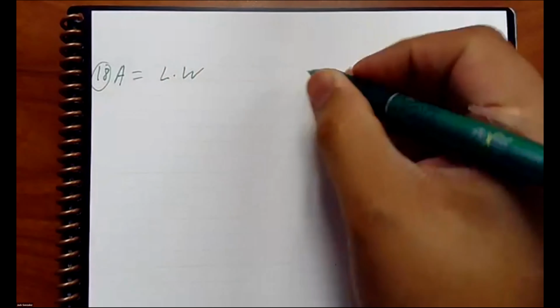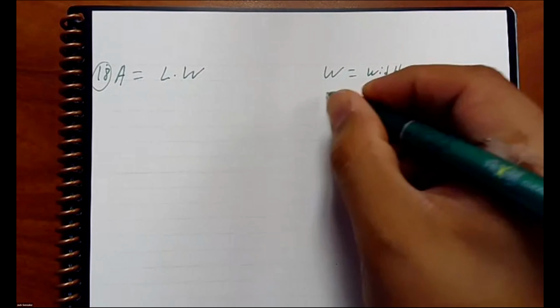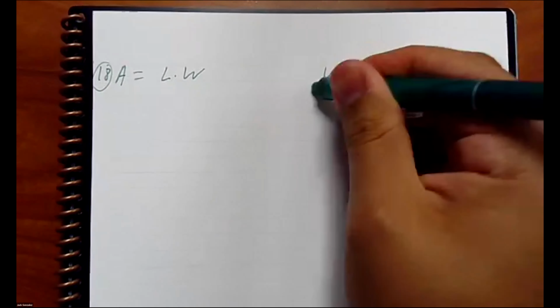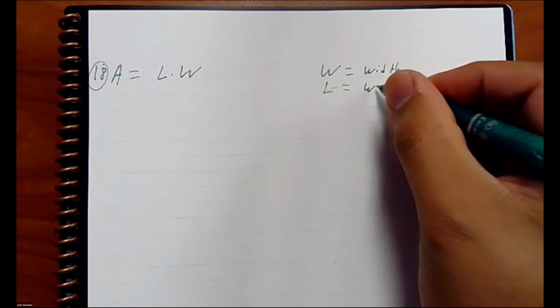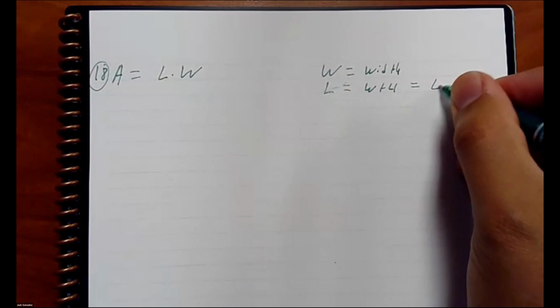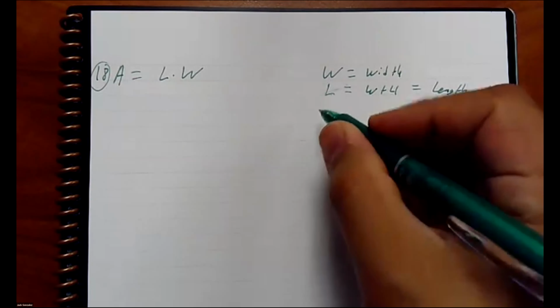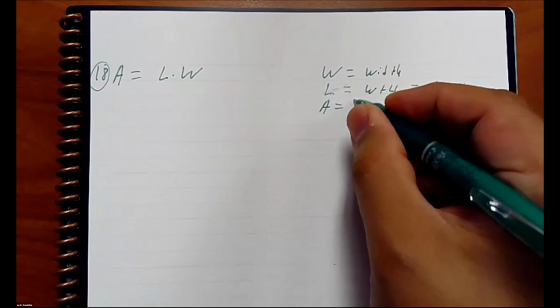Based on the diagram, width is just width. Length is equal to W plus 4. They also said that the area is equal to 1800 in this question.